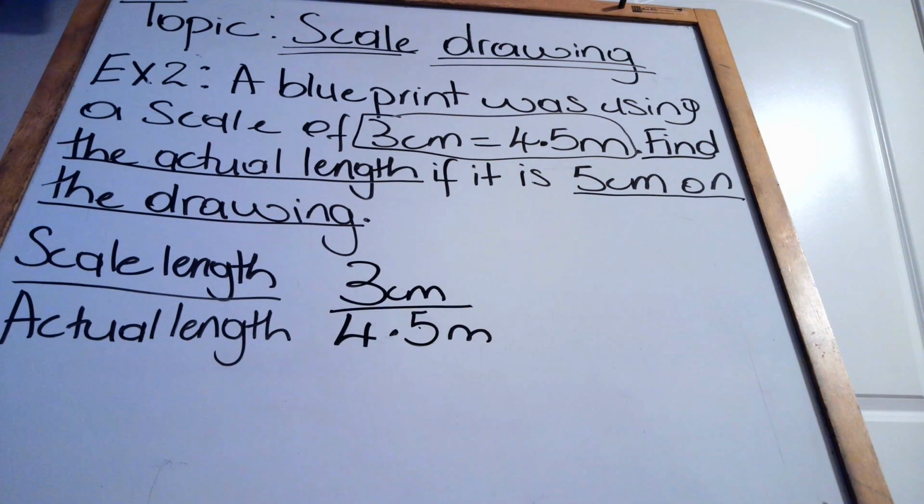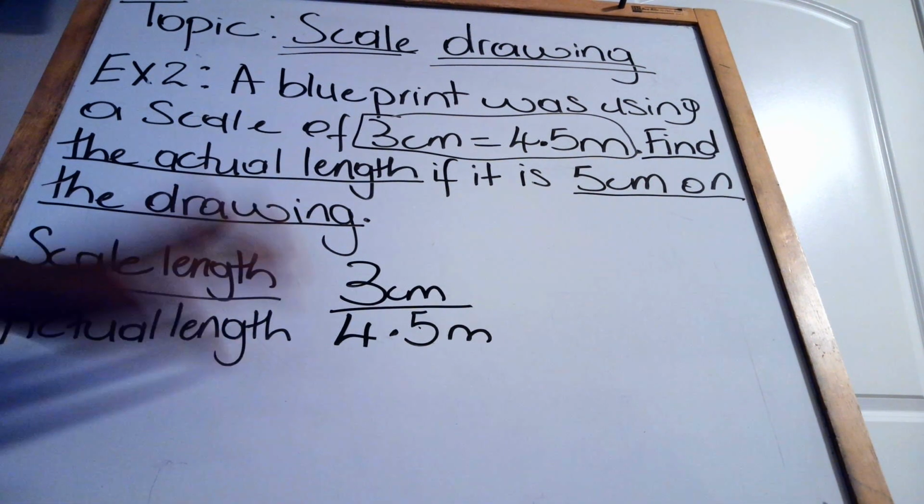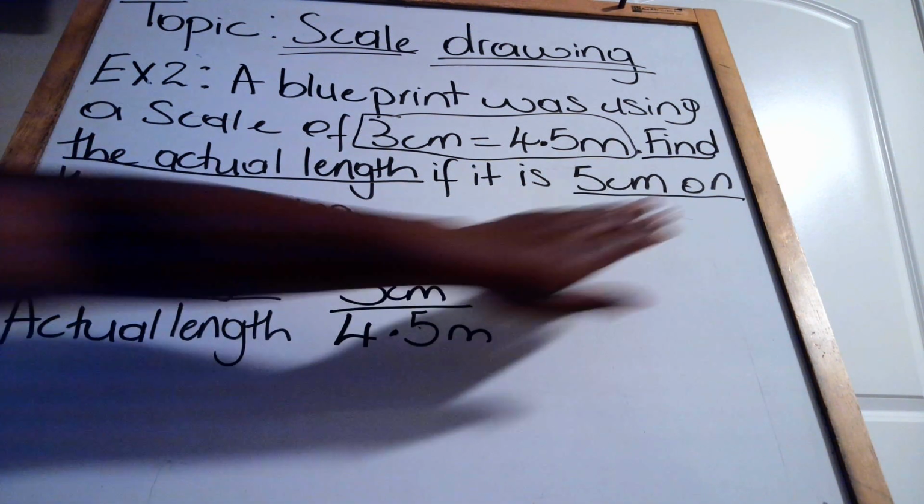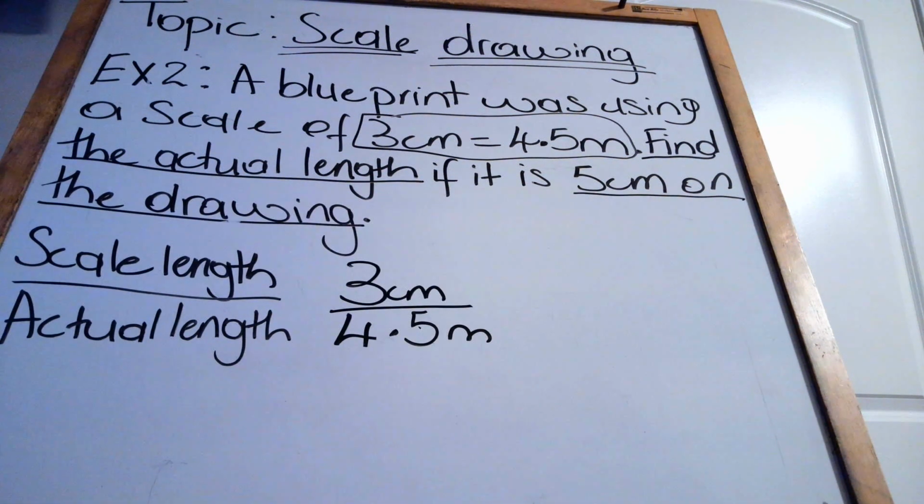Alright, so after writing the scale as a ratio in fraction form, the next information given in the question is 5 centimeters. Since it says on the drawing, once we hear the phrase on the drawing, on a map, in the model, we know that's the scale length.